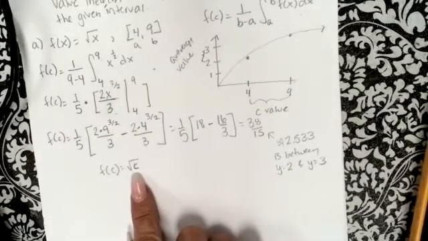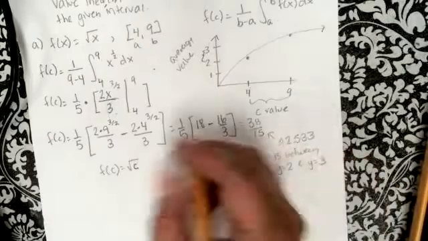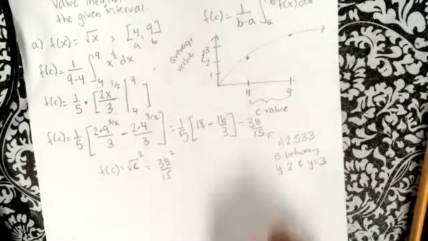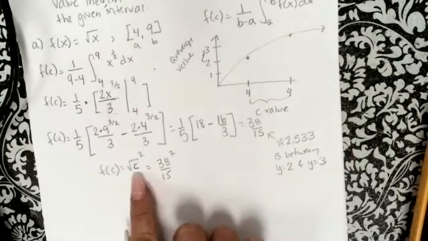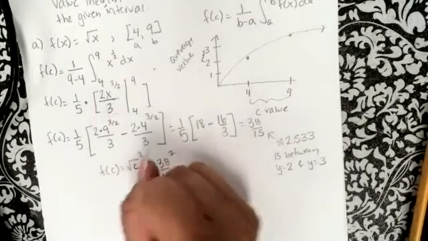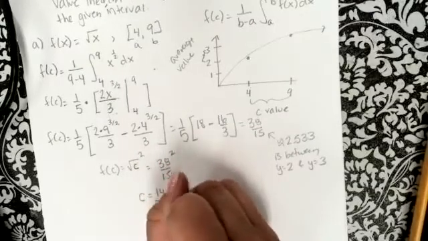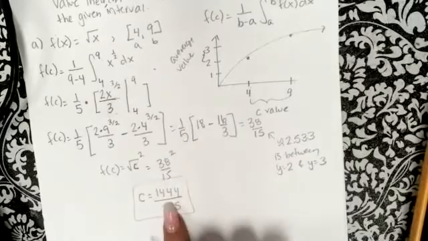So if you're trying to find out the value of c, right now I have 38 over 15. I'm going to square that, and that's going to give me what the c value equals. So the c is 1,444 over 225. That is your c value.